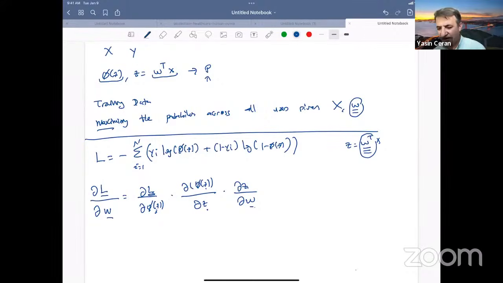Remember from our linear regression session, I want to solve this problem iteratively. At each iteration, I want to update W's from some starting point with small steps. I want to make a decision on which direction I should take this small step.